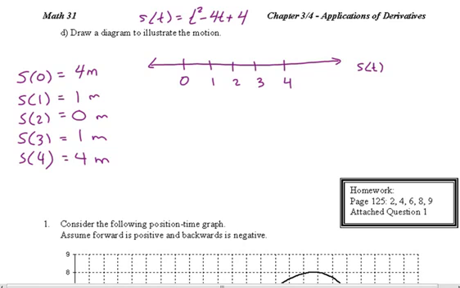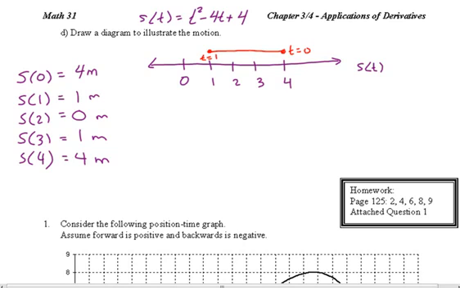These are our meters. So at t equals 0, where are we? 4 meters, right? Then we're at t equals 1. I'm doing a one-dimensional graph. You know how to make a two-dimensional graph, right?